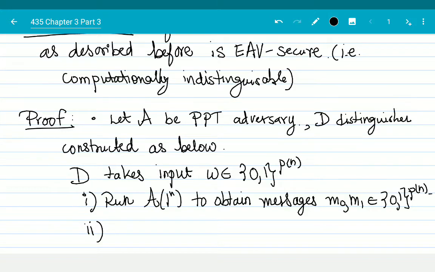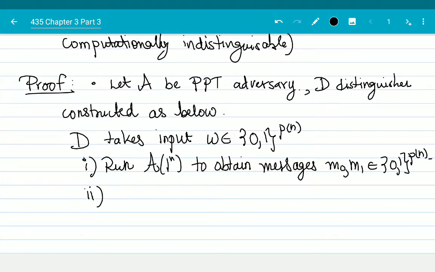An adversary in a standard EAV test, if you remember, gives out two messages that we need to check.